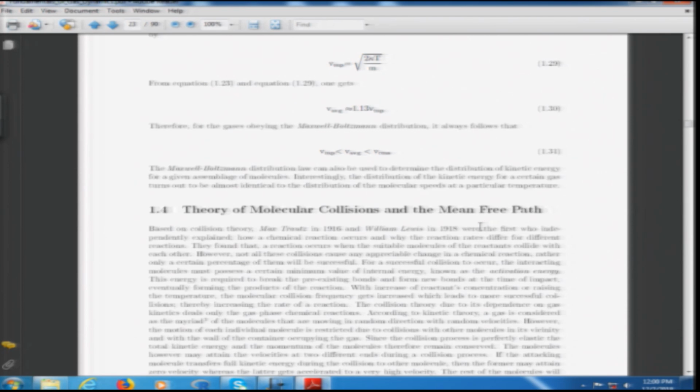Please understand, let us review that for an ideal gas, we have assumed that the molecules are solid balls, and the total volume of the molecules is very, very small, very tiny spheres, in comparison to the total volume of the gas contained in the container. That means the gas is very dilute.